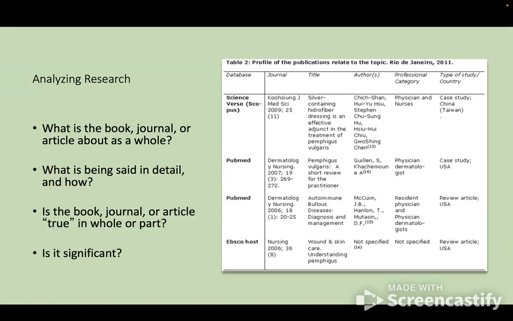You're going to look at what it really says in detail, what their main ideas are, what their arguments are. Is the book or journal true, in whole or partly true? And you're looking at, is this of good value, and is it significant? Is there any way to use the information to help me improve patient care or improve my research?